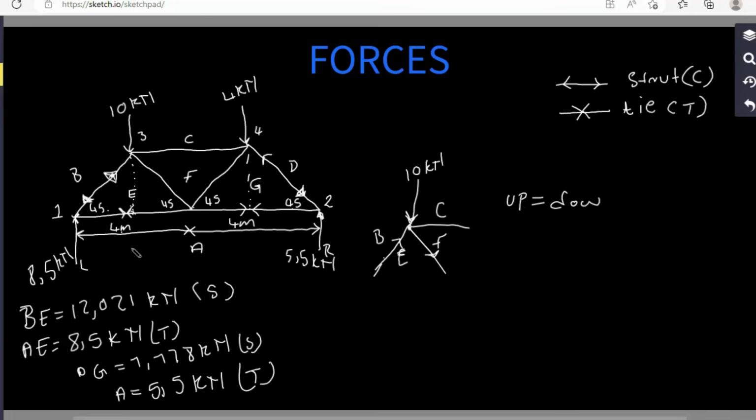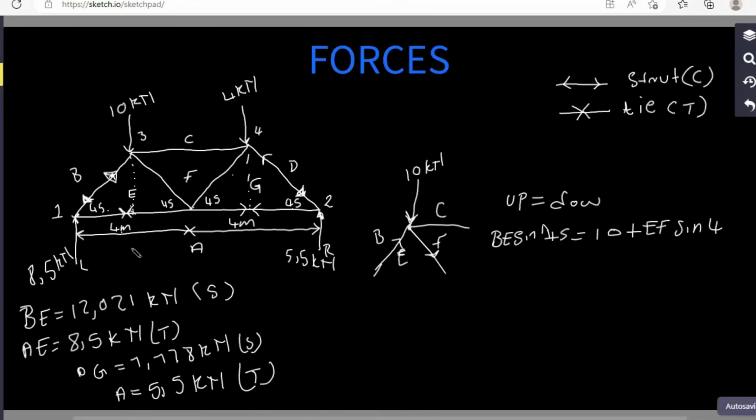The force that will be going up is the component of PE, which will be PE sine 45. It's equal to 10 plus the component of EF. It will be EF sine 45.